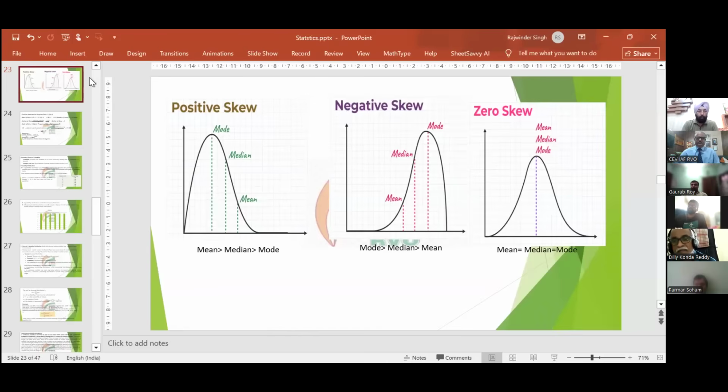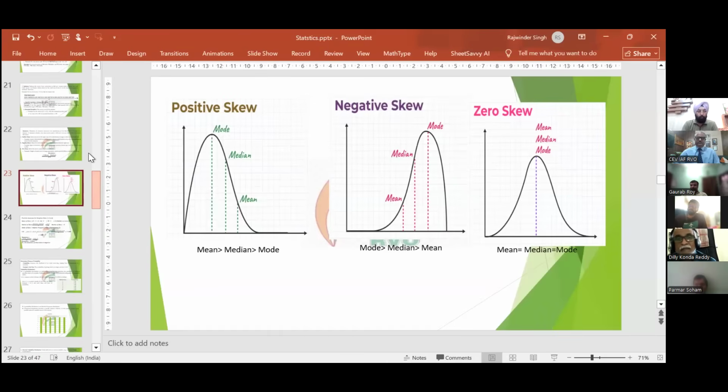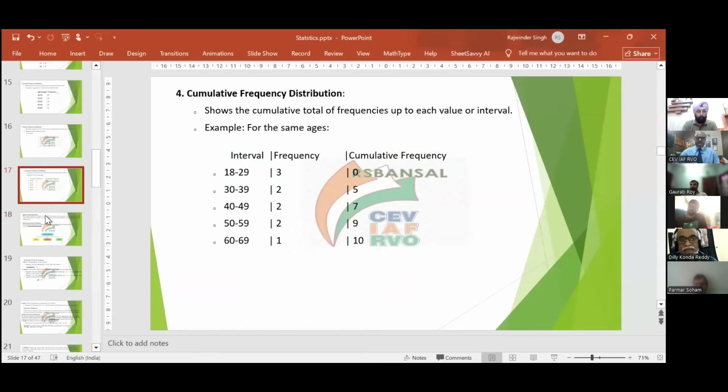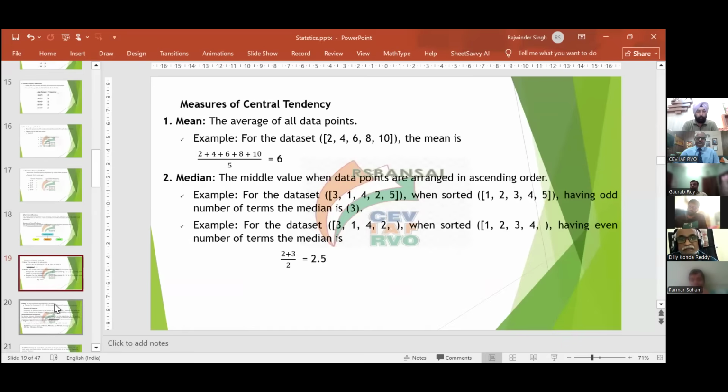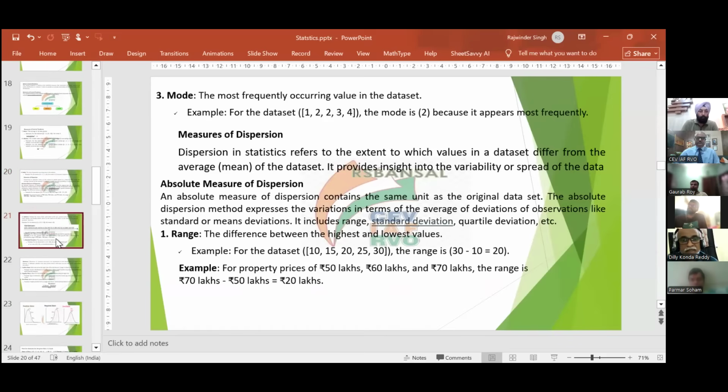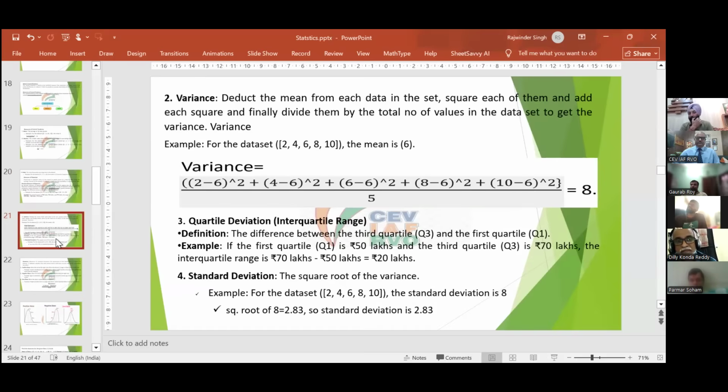One of you had asked about this calculation of variance. One of you asked about this slide.